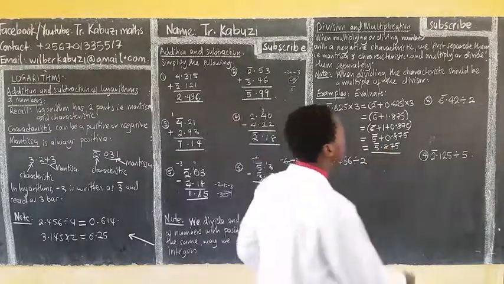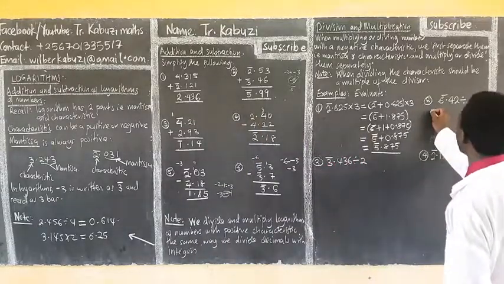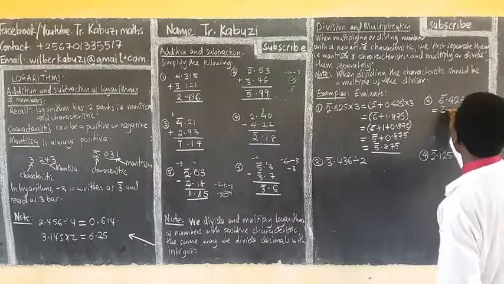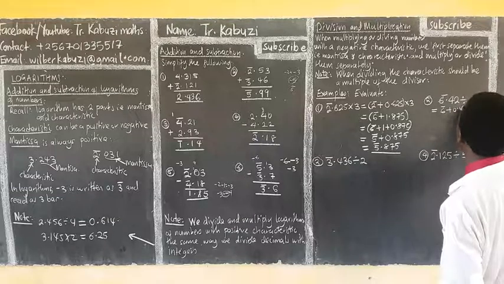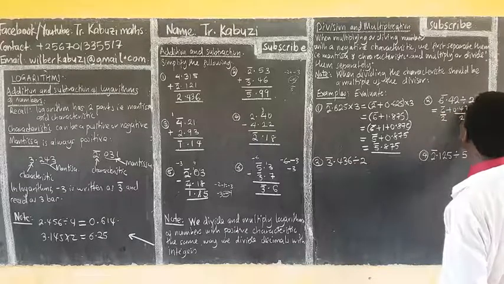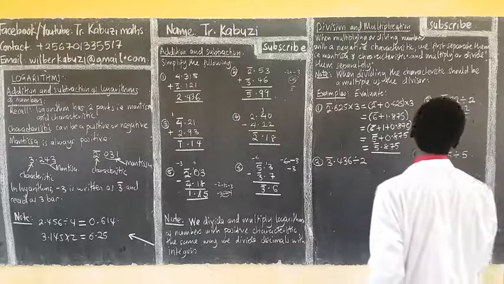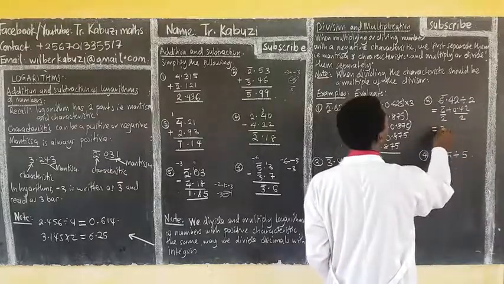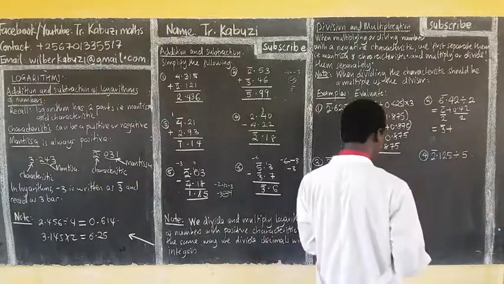When I come to this, I also separate. This will be now 6 bar plus 0.42 divided by 2. This 2 is dividing this and this 2 is dividing like this. When I divide this, it will be 3 bar plus, when I get that, divided by 2.